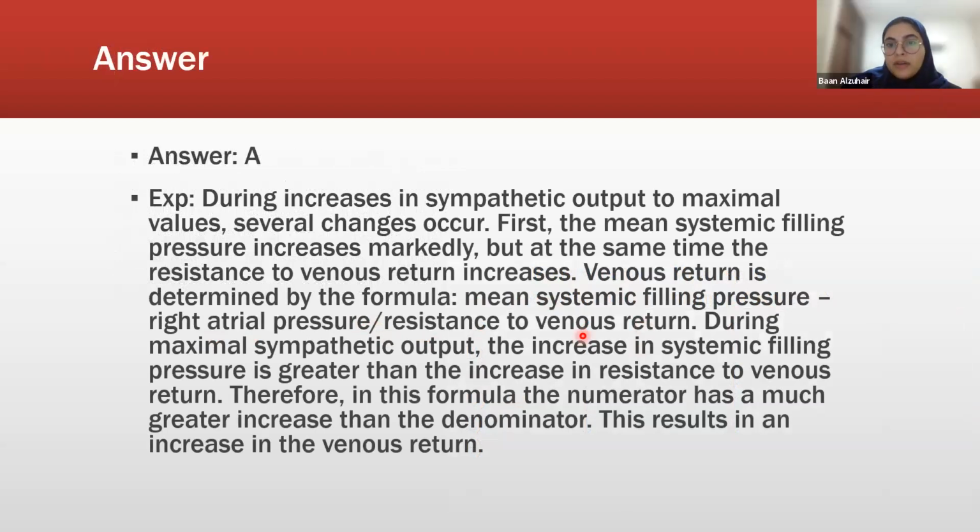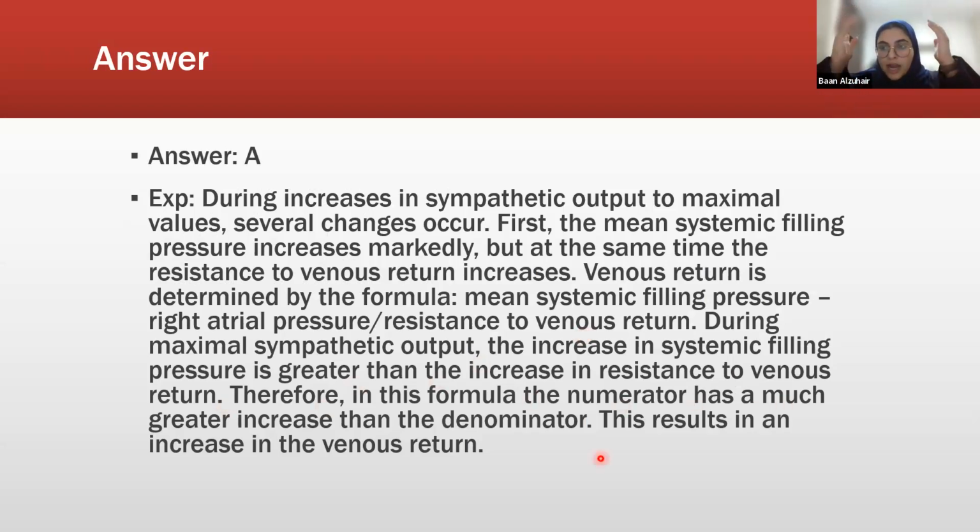Mean systemic filling pressure minus right atrial pressure, this is the numerator, and the other one is the denominator, the resistance to venous return. So the mean systemic filling pressure and the right atrial pressure are high, or very high, and the resistance to venous return is high, but not that much.